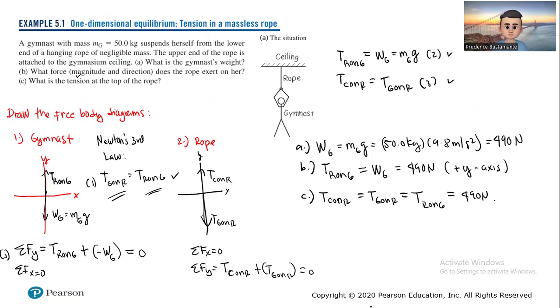So this is how we use Newton's first law of motion. In your exam, there might be some weight of the rope. You might add the weight of the rope in the equations. Okay, this is negative.